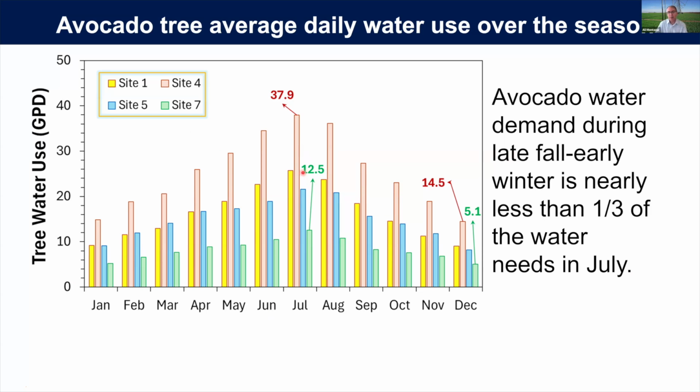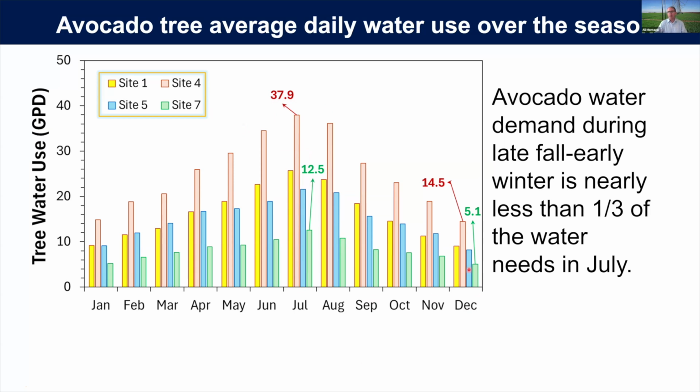Just let's talk about July and December. So site 4 needed the highest amount of water, about 38 gallon per day, the average in July. The average at site 7 was 12.5 gallon per day, the average of monthly.